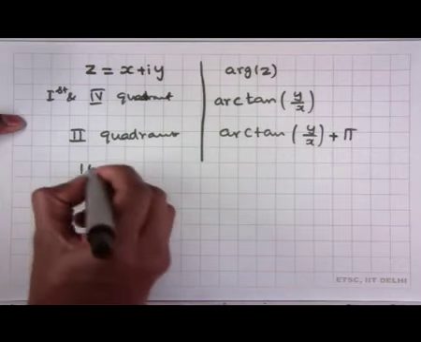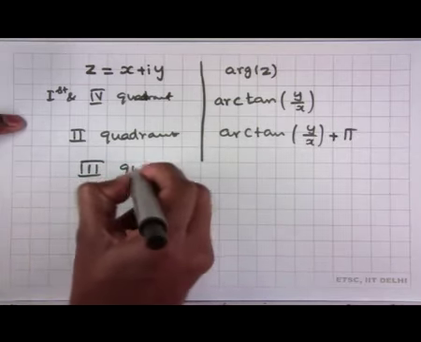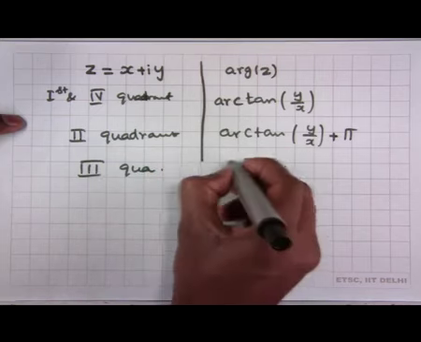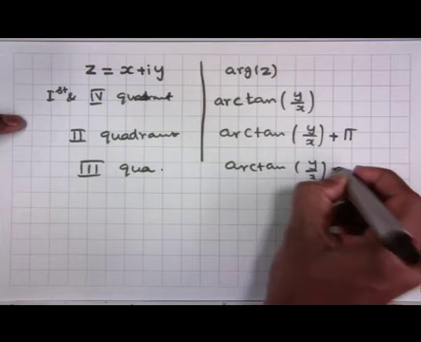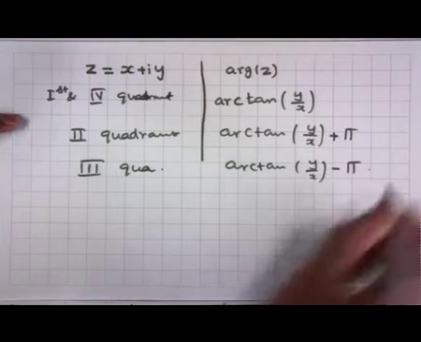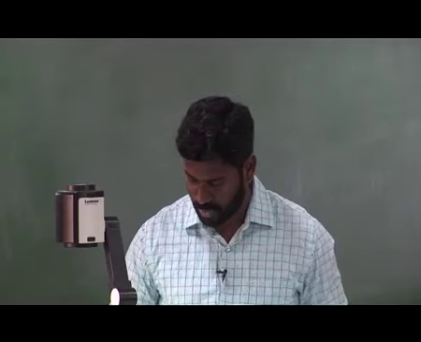If it is in the third quadrant, arc tan of y by x minus pi.